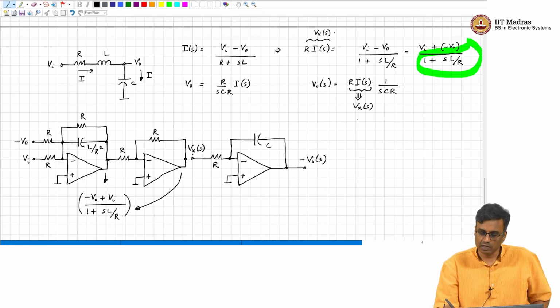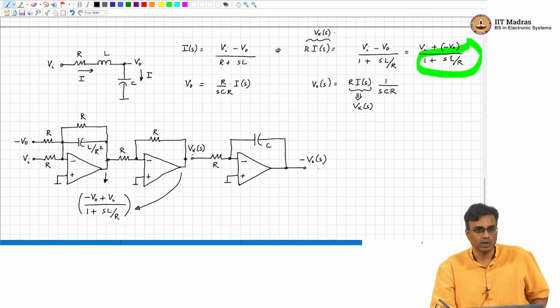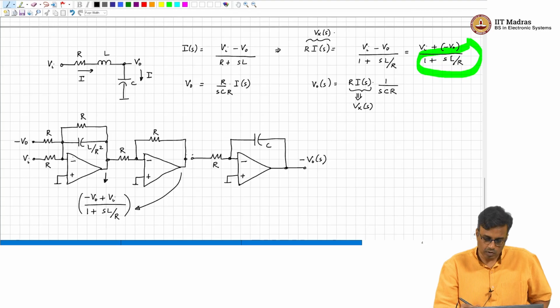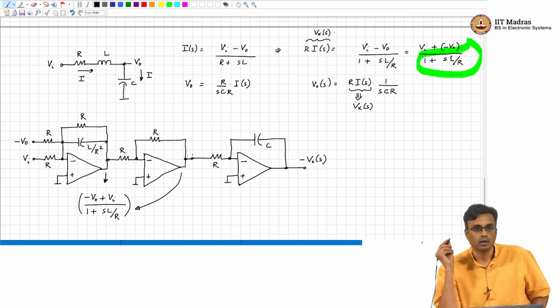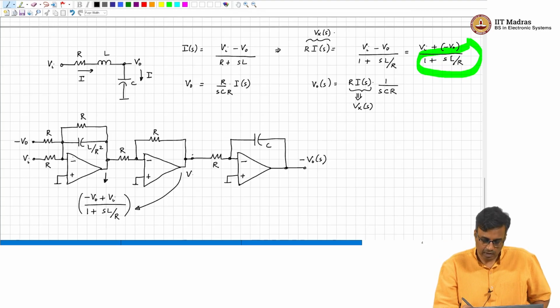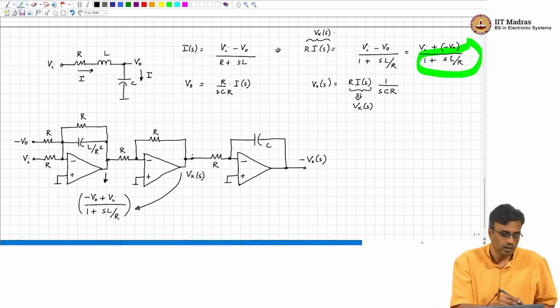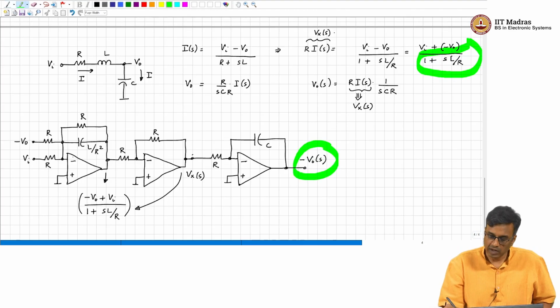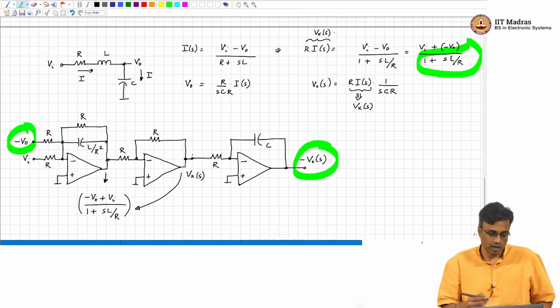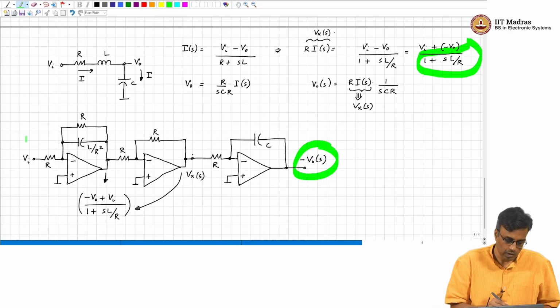And if you integrate Vx of s, you will get minus V naught, right. So, basically you short these two. So, this is our Vx of s, this is minus V naught, and this is minus V naught, this is minus V naught. So, what should we do? Connect the two.